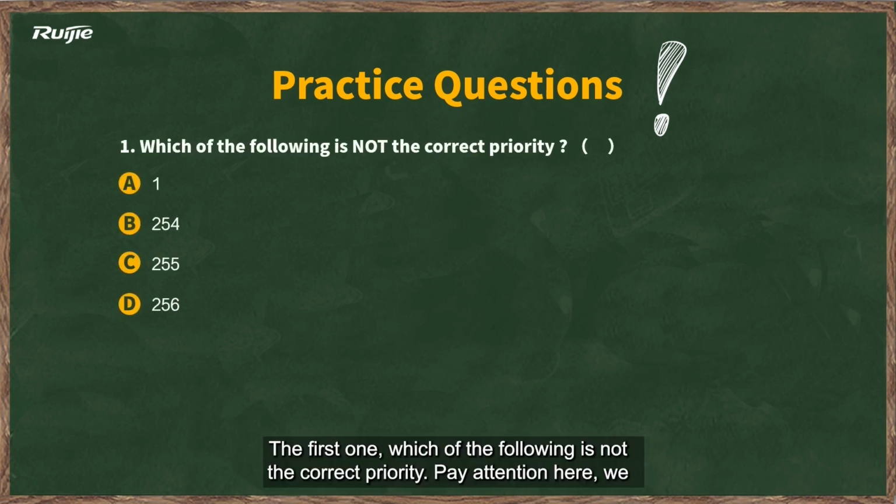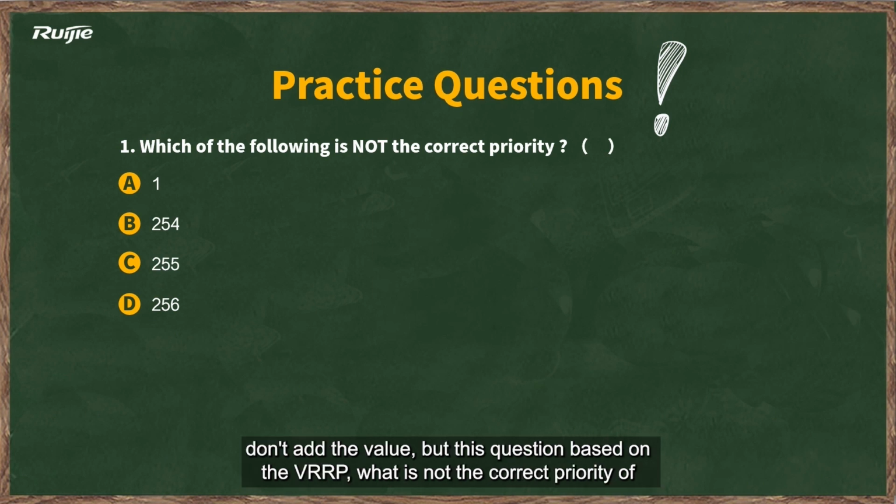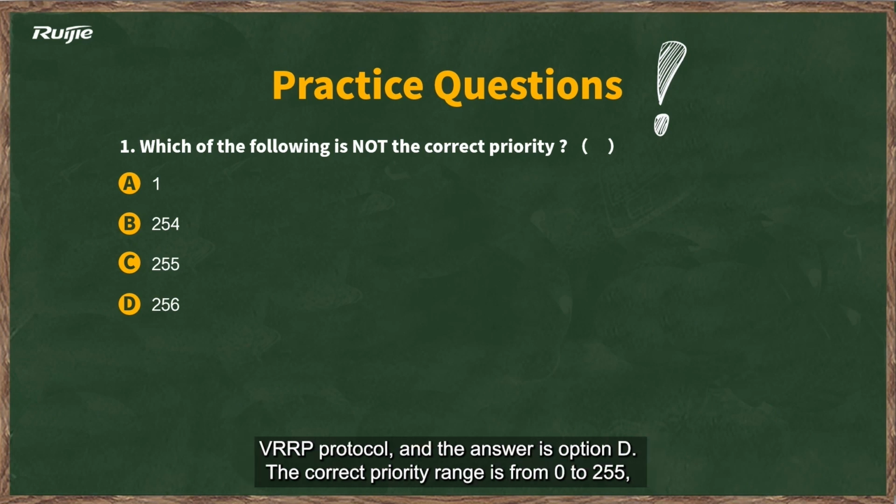The first one: which of the following is not a correct priority? Pay attention here, we don't add the value, but this question is based on VRRP. What is not a correct priority of the VRRP protocol?